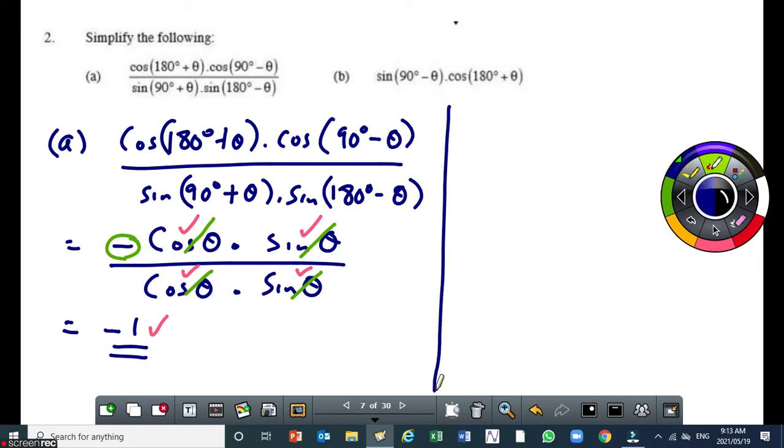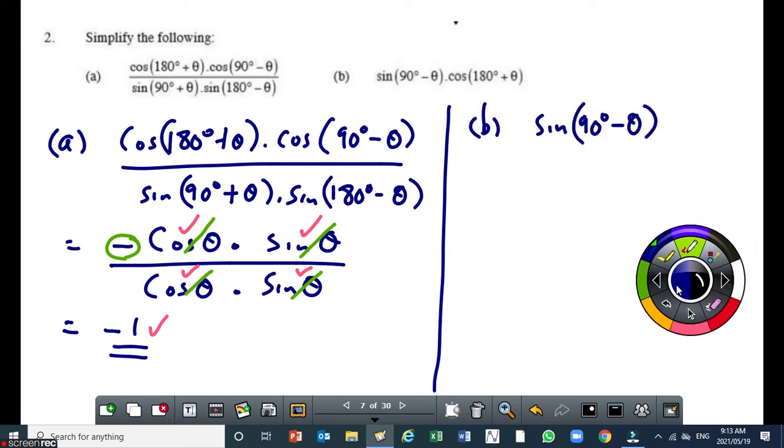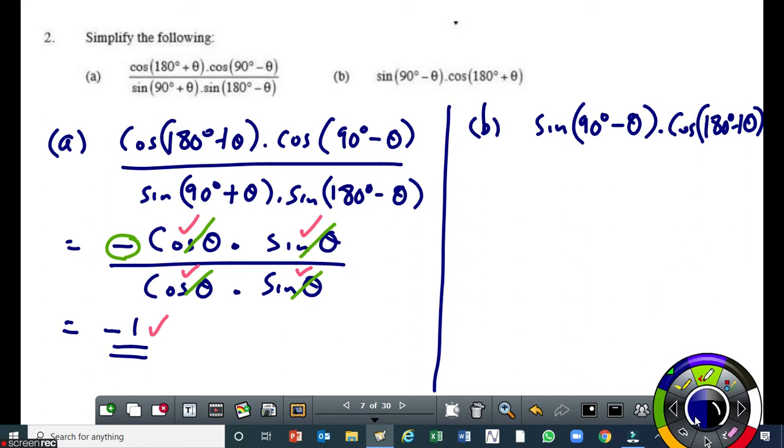Right, B, we have sine(90 degrees minus theta) times cos(180 degrees plus theta). This one is very simple, right? What is sine(90 minus theta)? Equal to cos theta.